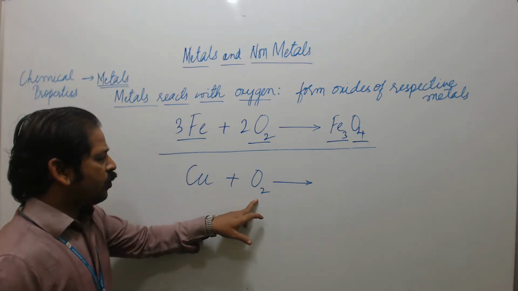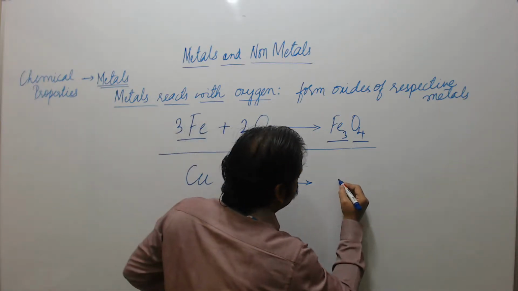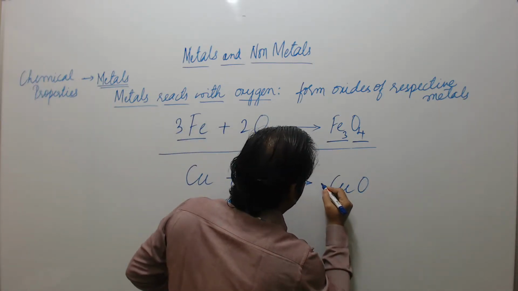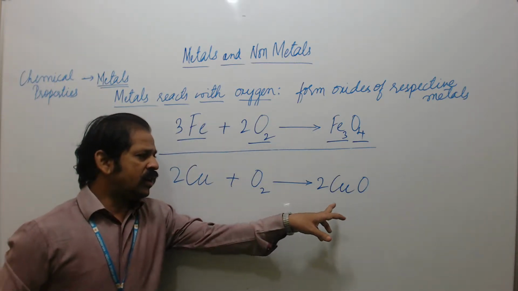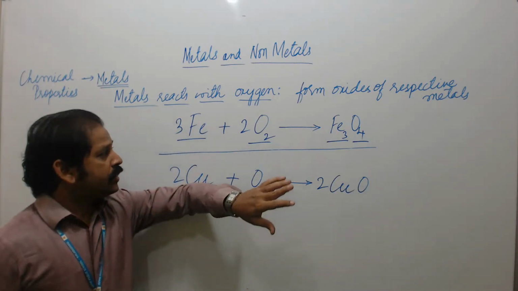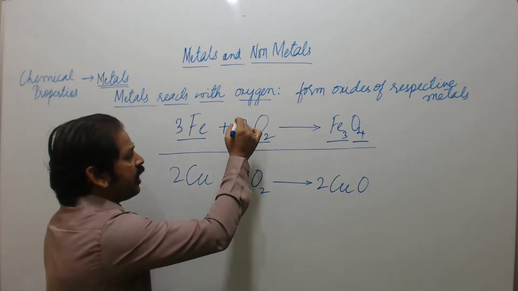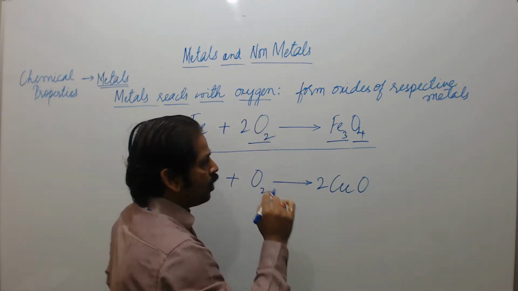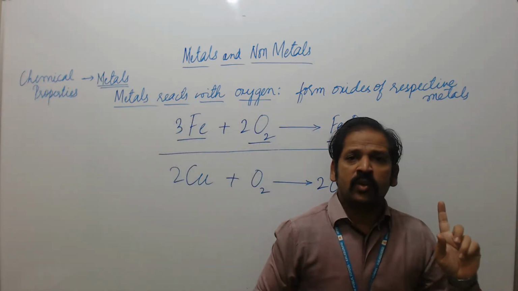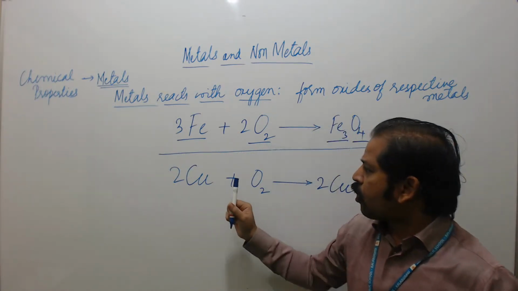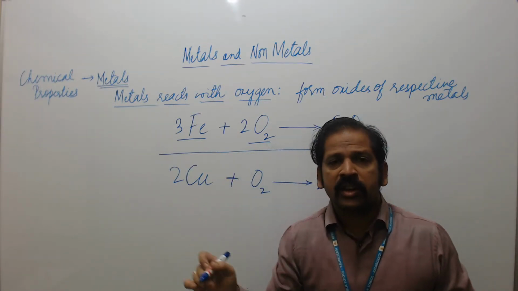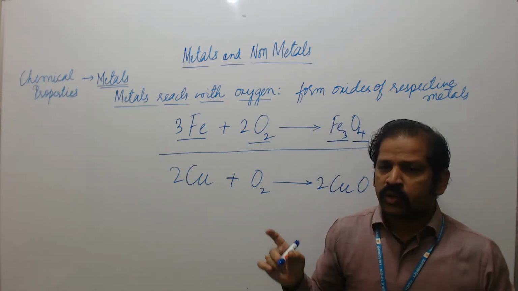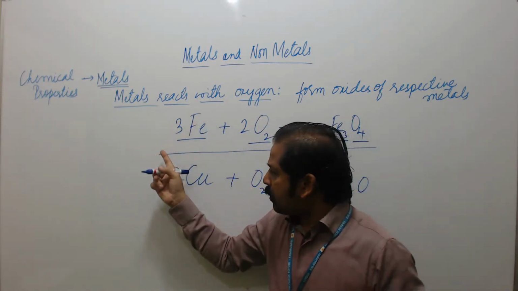Copper reacts with oxygen to form copper oxide: 2Cu plus O2 gives 2CuO. Yes, it takes a very long time to get the result here. So only these are kept separately.